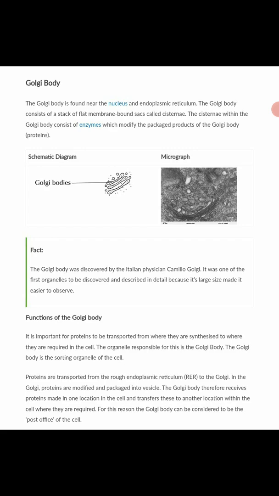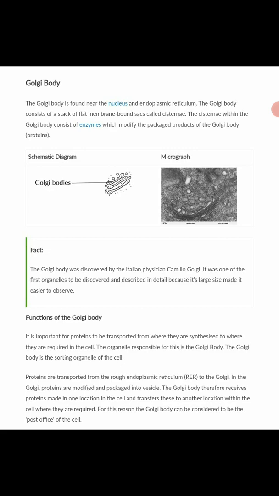Proteins are transported from the rough endoplasmic reticulum to the Golgi. In the Golgi, proteins are modified and packaged into vesicles. The Golgi body, therefore, receives proteins made in one location in the cell and transfers these to another location within the cell where they are required.